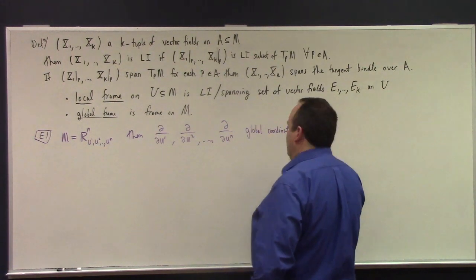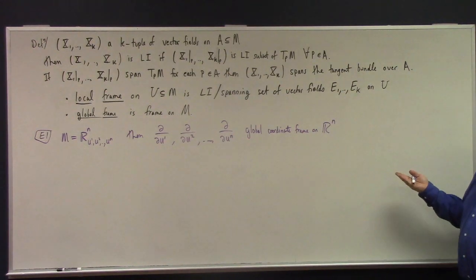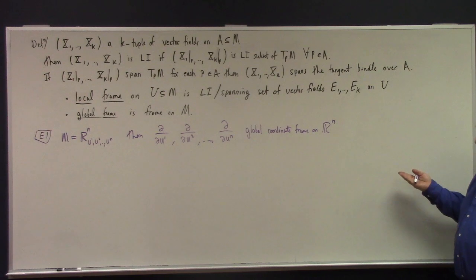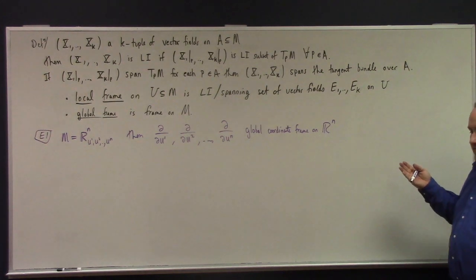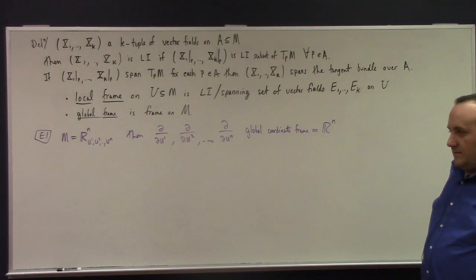In fact, this is the global Cartesian coordinate frame. If you want to, you can use the identification of this with the standard basis. The standard basis gives you a global frame, all right?